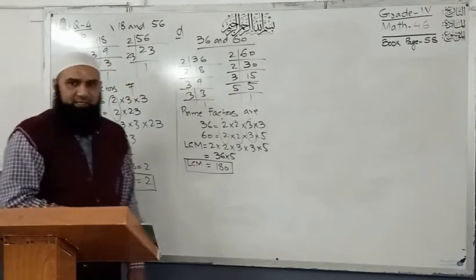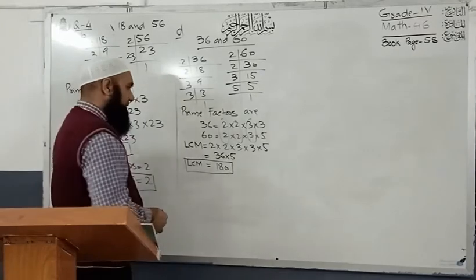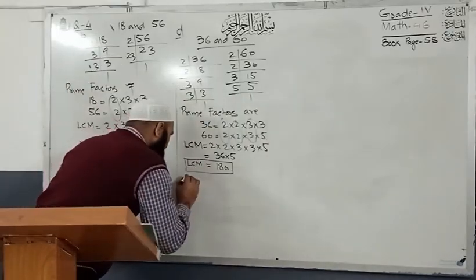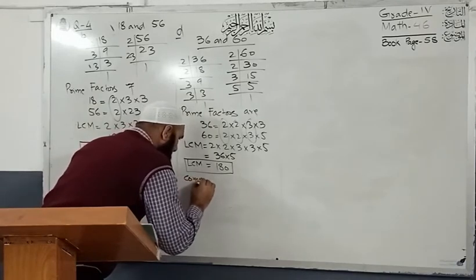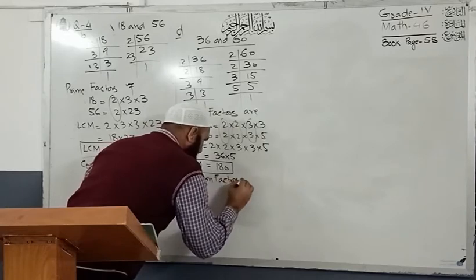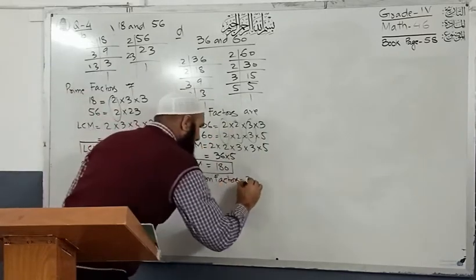For finding the highest common factor, we write the common factors only, which are 2, 2 and 3.